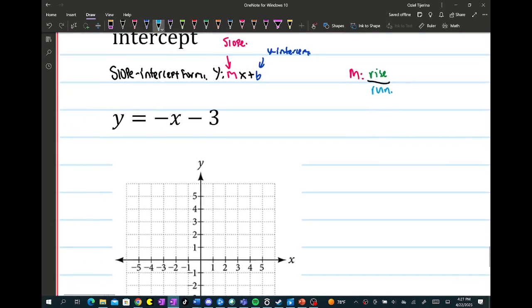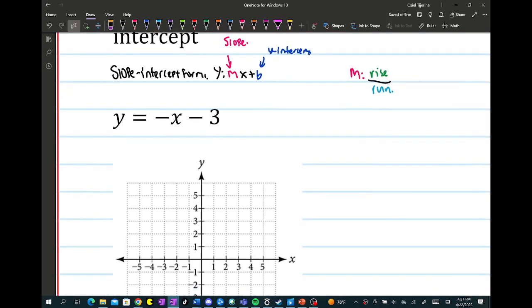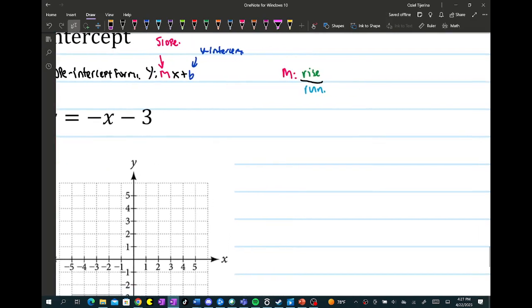Using these definitions, and one more thing, the y-intercept is going to be a coordinate which is 0, comma b. In this case, we call the y-intercept b in terms of y equals b, just like I did in the previous video.